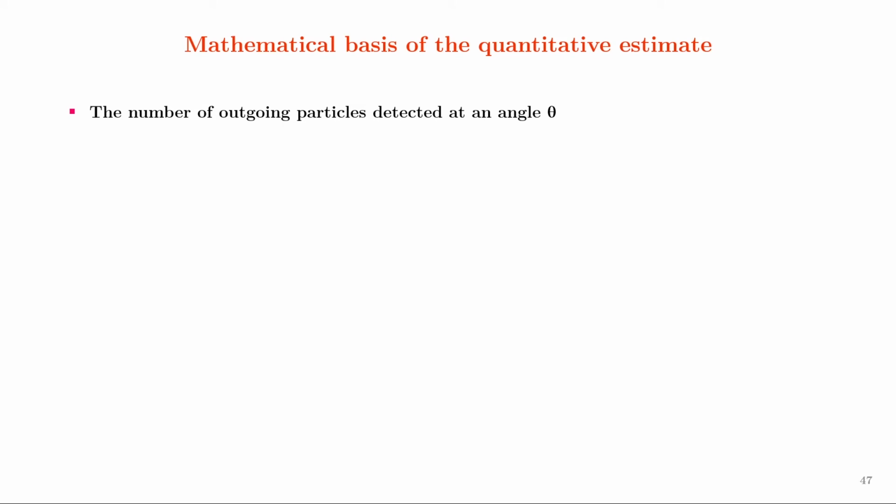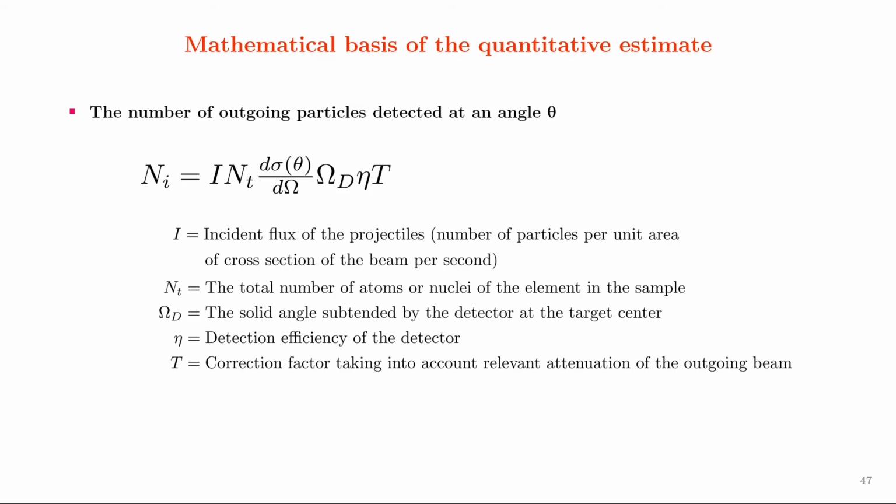The number of outgoing particles detected at an angle theta turns out to be Ni equal to I times Nt times d sigma(theta) over d omega times omega d times eta times T. In this equation, I is an incident flux of the projectiles, which is the number of particles per unit area of cross-section of the beam per second.